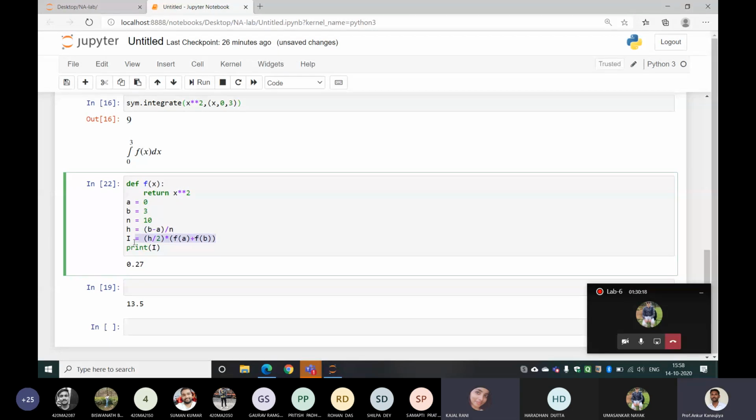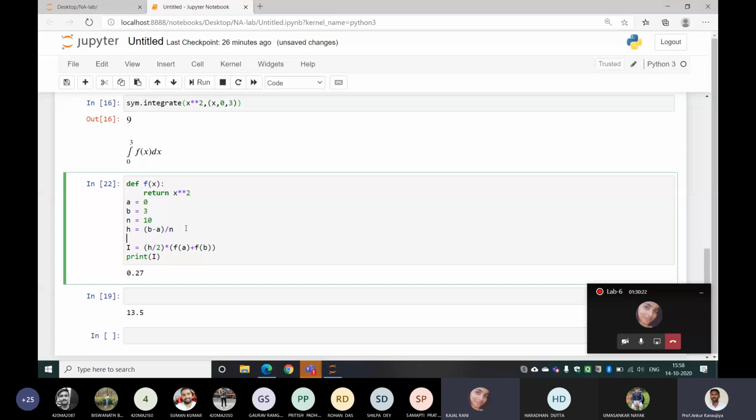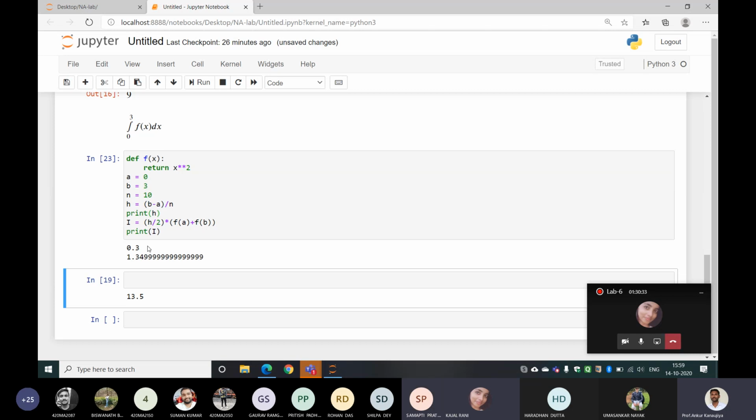Yes, sir. So suppose you are dividing into 10 equal parts, then what is the value of h? If you are dividing 0 to 3 into 10 equal parts, then the value is 0.3.